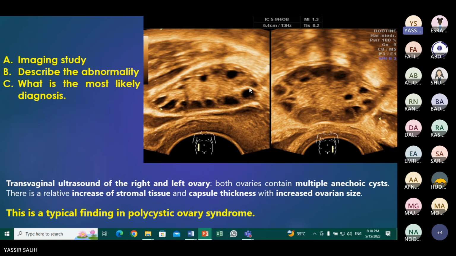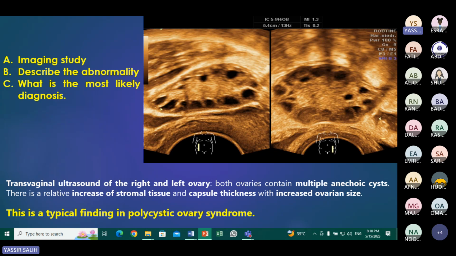And the distribution of these follicles or small cysts is in which area? Periphery. This is polycystic ovary syndrome.